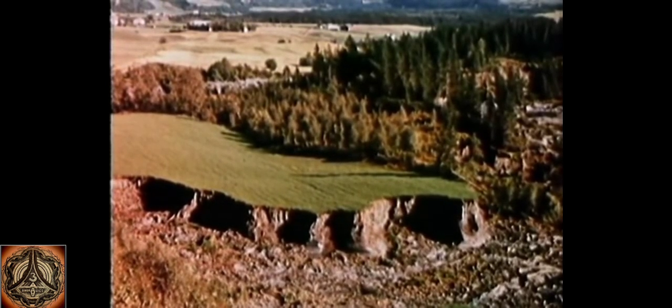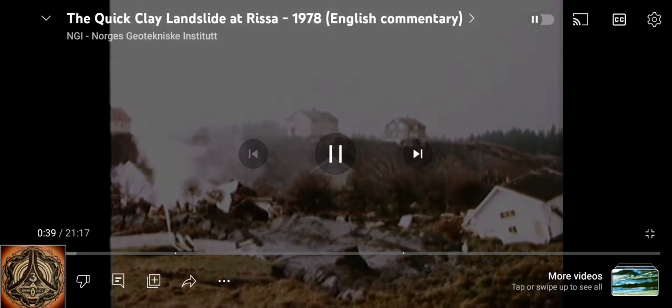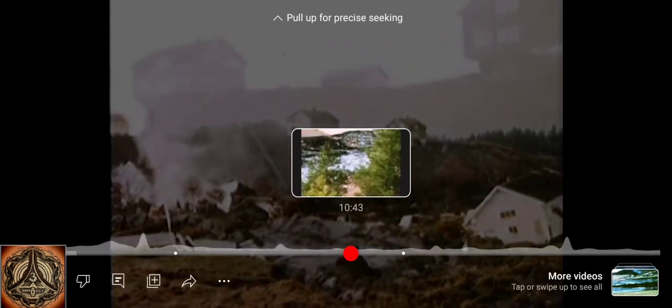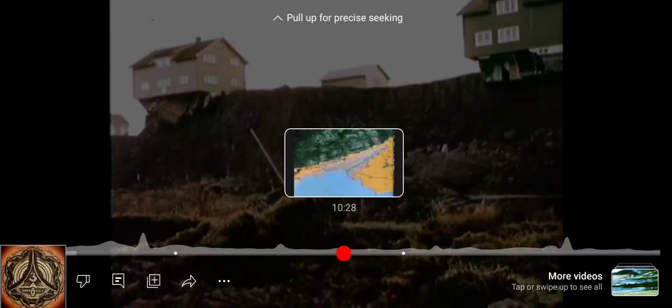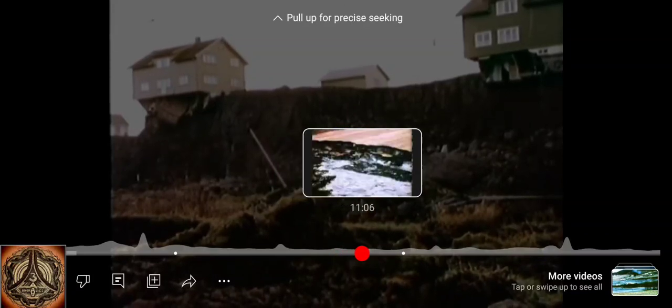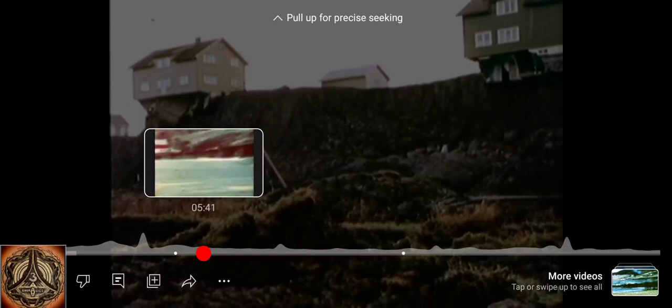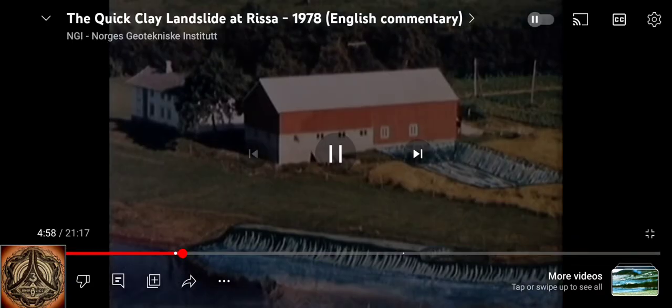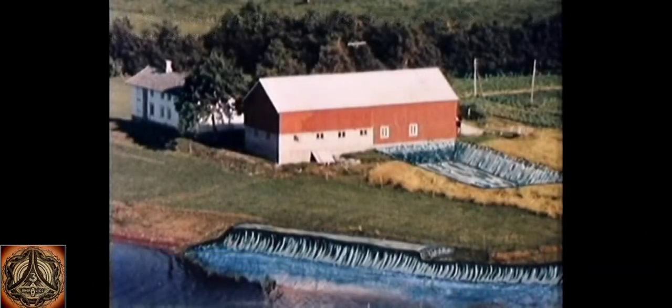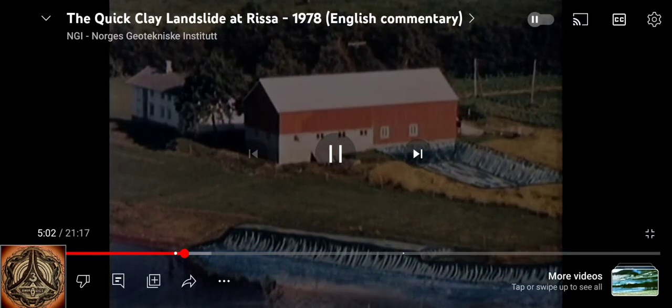Deposits of marine clay in Norway cover a total area of 40,000 square kilometers. Within this area, quick clay slides represent a serious problem, involving potential loss of lives and property. This documentary film presents the story of such a landslide. It contains unique pictures taken by two amateur photographers who happened to be at the scene. A 90-meter length of the shoreline suddenly slid into the lake and disappeared.